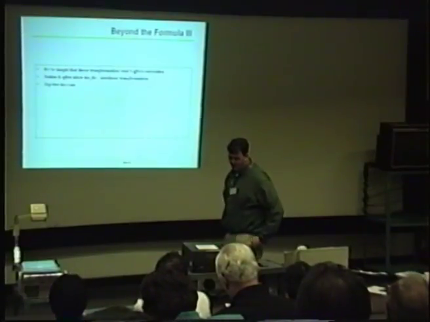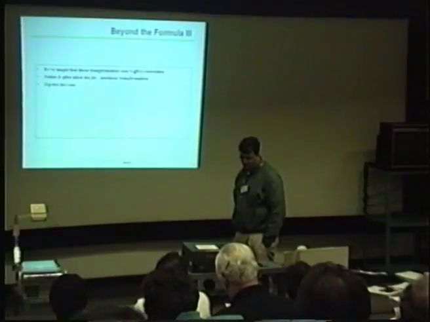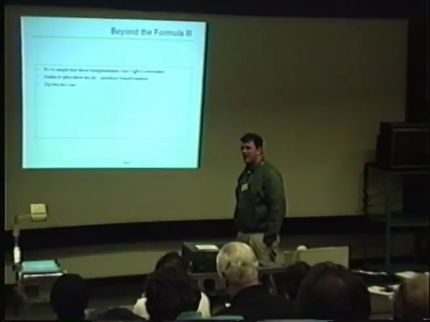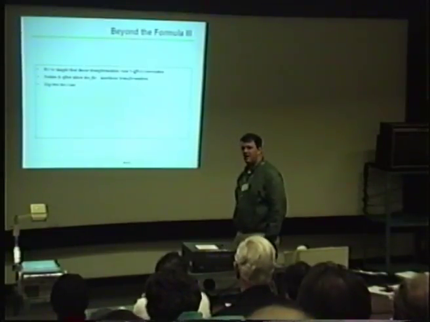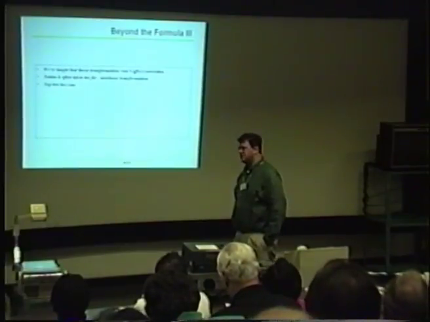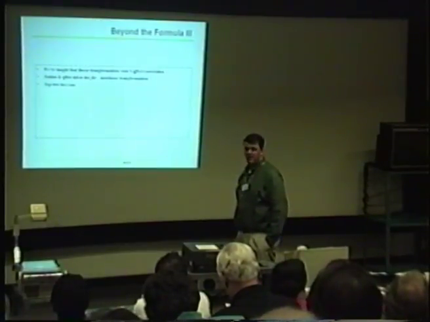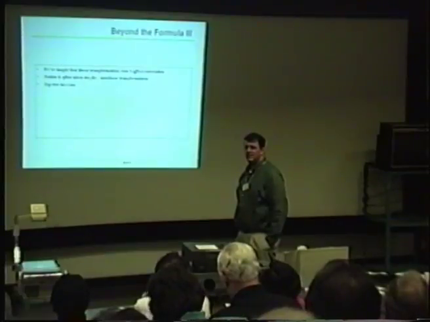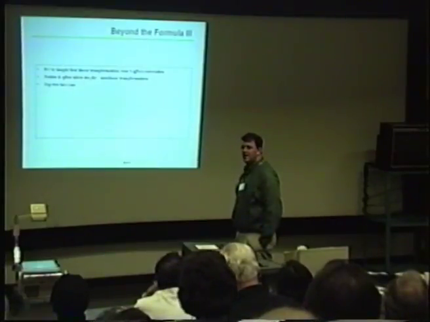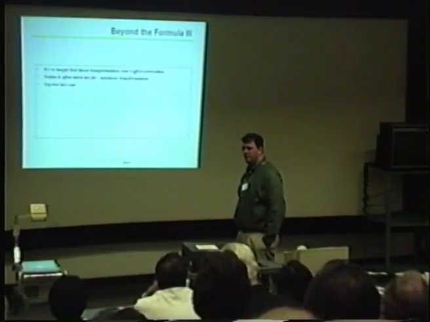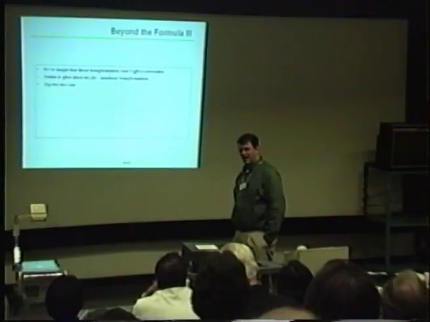We've always been taught that linear transformations don't affect correlation. However, one of the things that's often done is to take a variable that's measured on a 1 to 100 scale and say anyone that answered a 90 or above is a 1, and everyone that answered below is a 0.